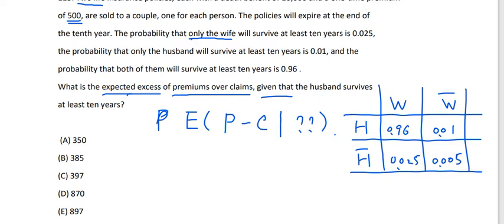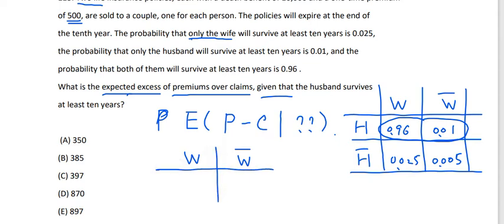So the condition is we condition on the husband surviving. So we just check this. So we just focus on the wife. The wife will survive or will die.